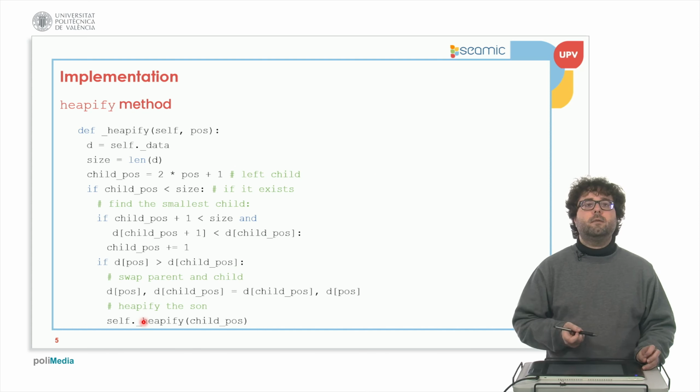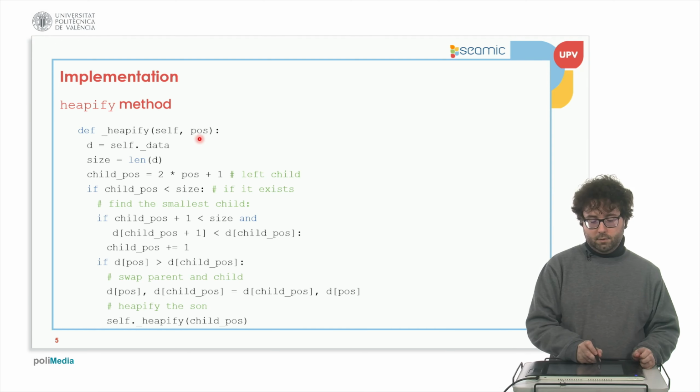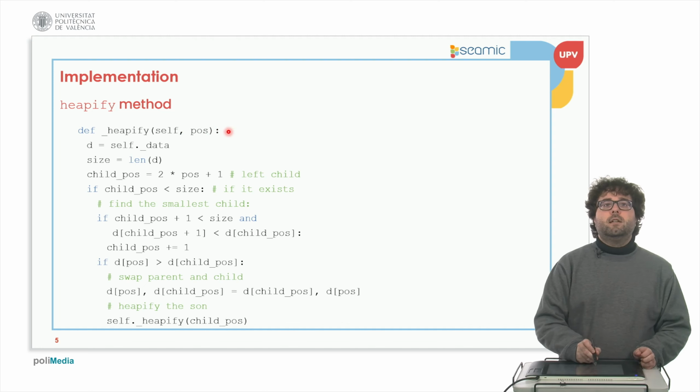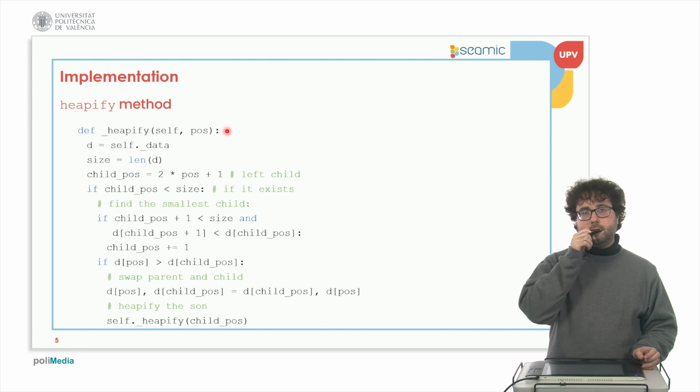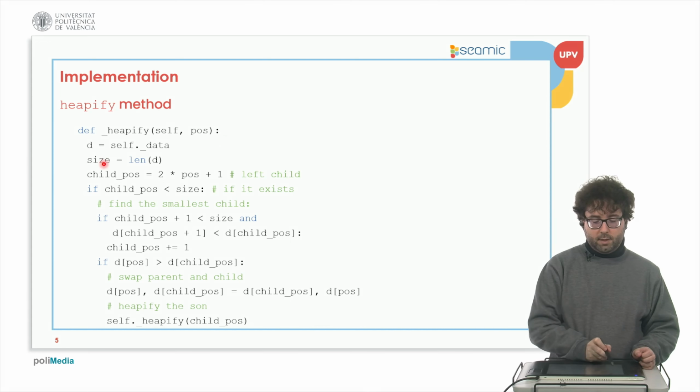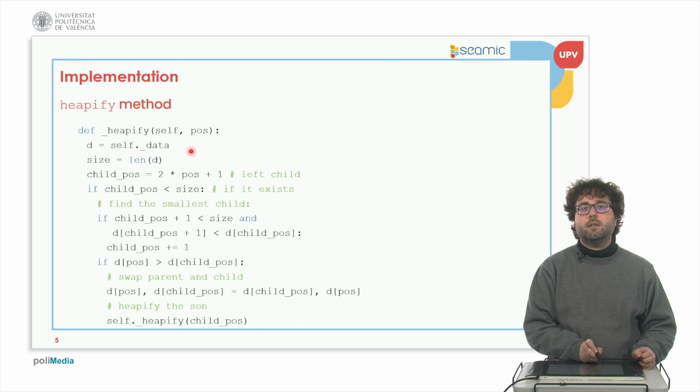Therefore, the next method we need to build is the heapify method, because remember that we are always heapifying from a position. For simplicity's sake and to make the code less large, we are going to use auxiliary variables to represent the list containing the data, and also the size of the heap, that is the length of that heap.